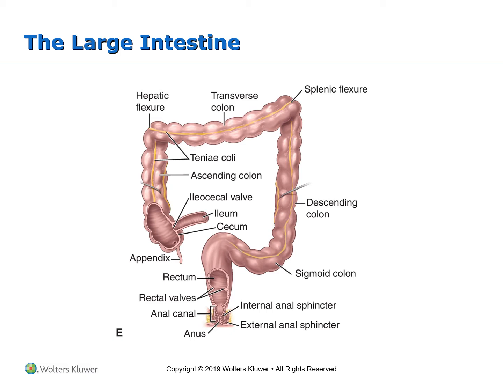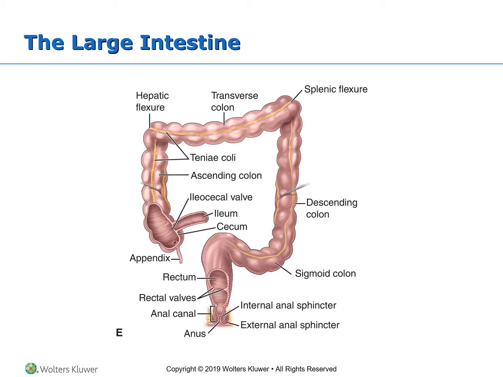The cecum also has a small opening, and that's where the appendix starts. The appendix is a tube-like blind structure that contains lymphoid tissue. It's called the vermiform appendix, and vermiform means that it looks like a worm.